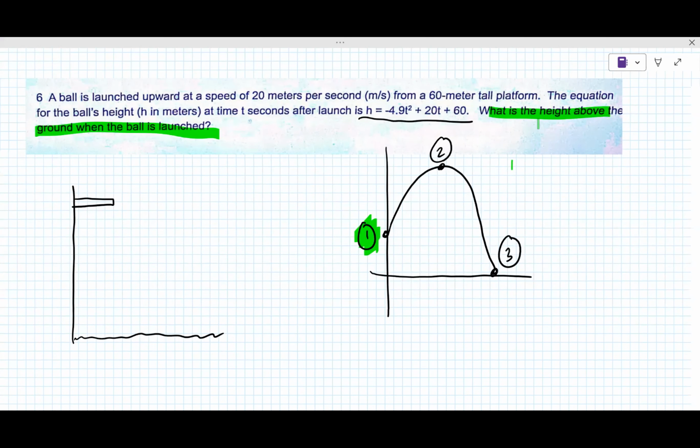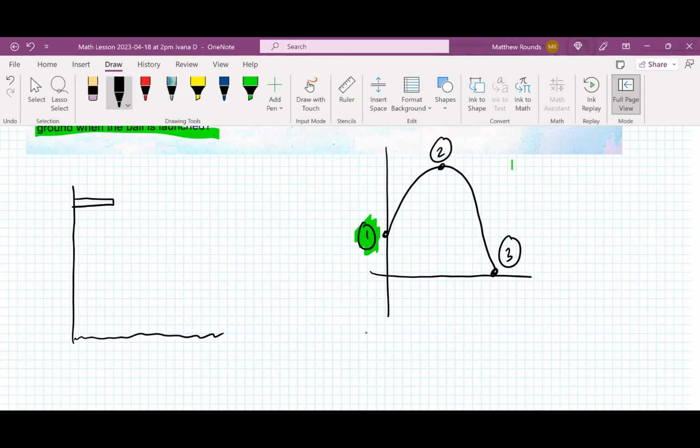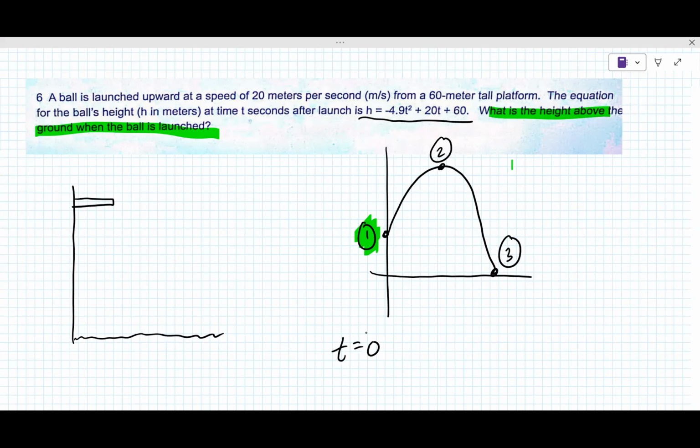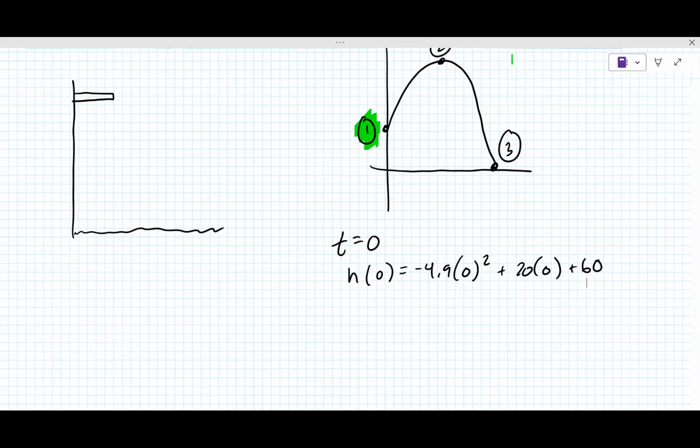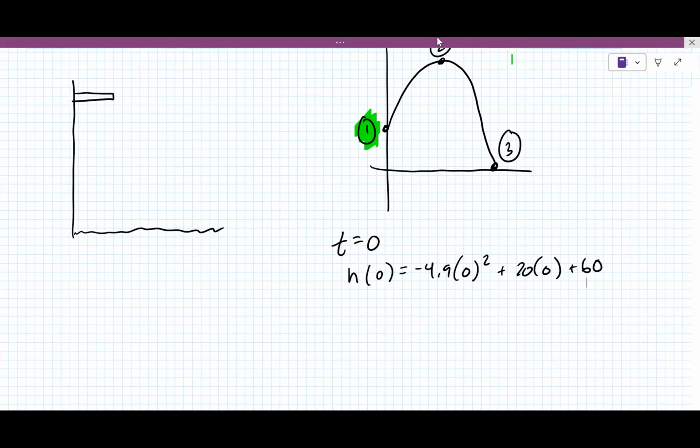When it's launched, t is equal to 0. So we're putting 0 into that equation: minus 4.9 times 0 squared plus 20 times 0 plus 60. What would that be?